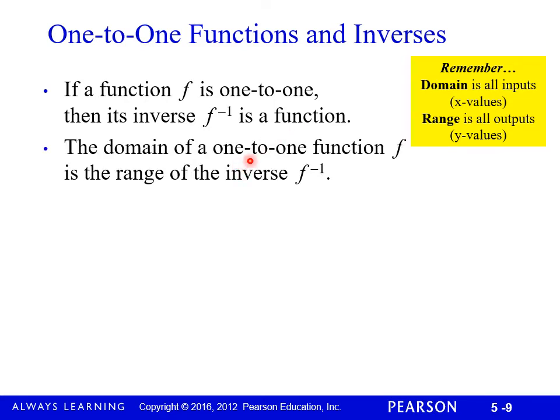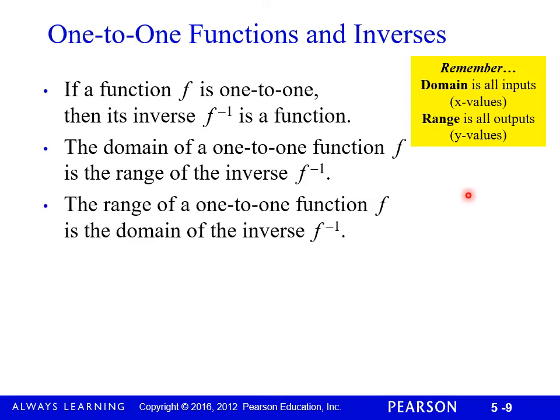The domain of a one-to-one function f is the range of the inverse, f inverse. That makes sense because remember, how did we find the inverse? We swapped x's and y's. So the domain for the original function becomes the range because the x becomes y and the y becomes x. And that's all the second one is saying.